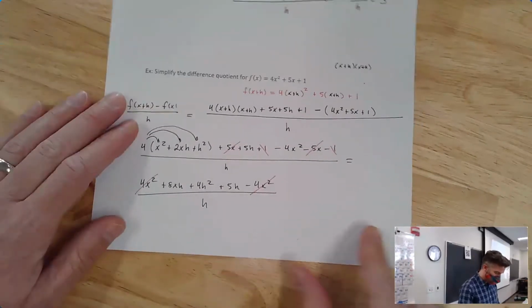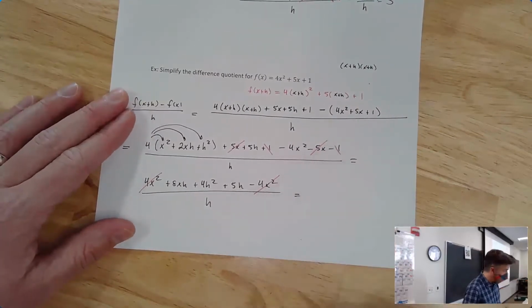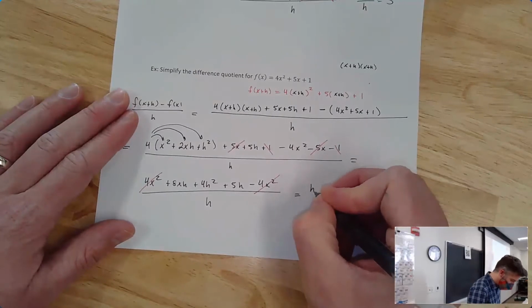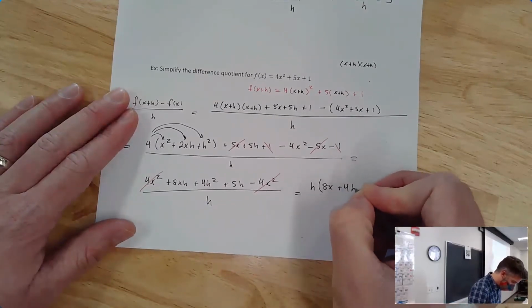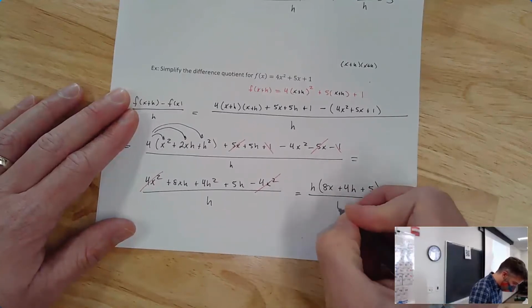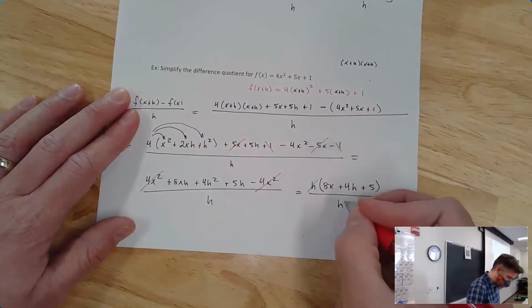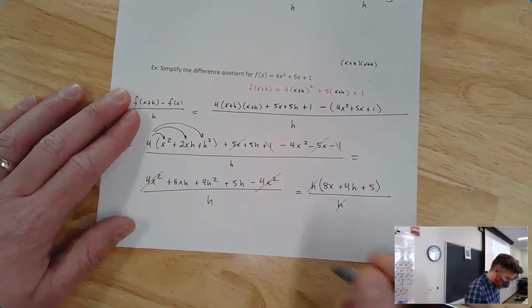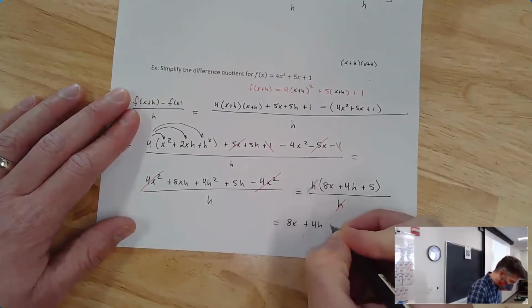That's great. I like to take the step of factoring out an h from the top. So I factor out an h, I'm left with 8x plus 4 times h to the first plus 5 all over h. And then the h I factored out and the h in the bottom cancel, and I'm left with 8x plus 4h plus 5.